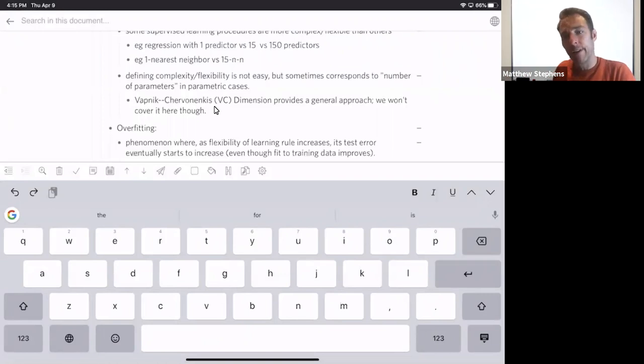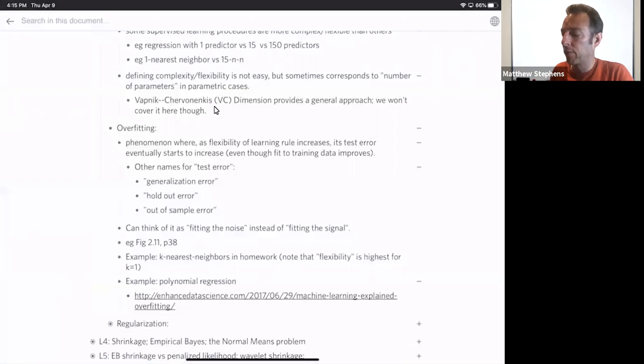So what's overfitting? Overfitting is the phenomenon by which, as the flexibility of a learning rule increases, which might sound like a good thing, eventually its performance on data that it hasn't seen before, that is its test error, starts to get worse.